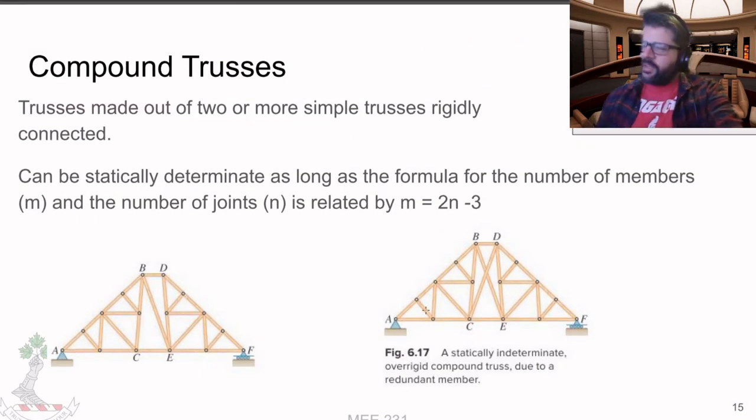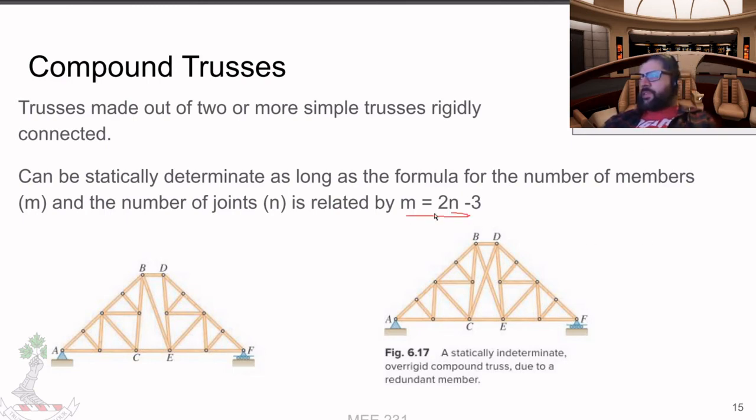We also got the compound trusses. So what we can do is essentially take two or more simple trusses and connect them together. As long as we again keep the ratio between the number of members and the number of joints to this equation, then we're good to go.